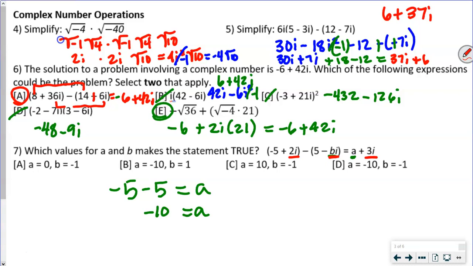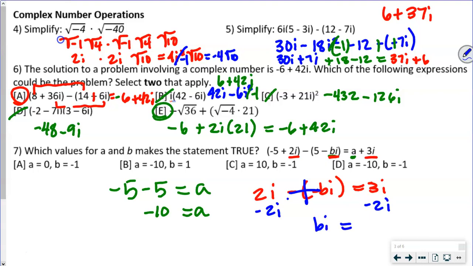So when I do this, I'm going to do 2i minus a minus bi equals 3i, okay? So a minus makes this a what? A big old plus, right? So we're going to subtract the 2i from both sides. So bi equals what? Just i, right? So we can divide both sides by what? The i, right? So that's just going to give us 1 over here, right? So b is equal to 1. So I'm pretty sure that's this one right here.